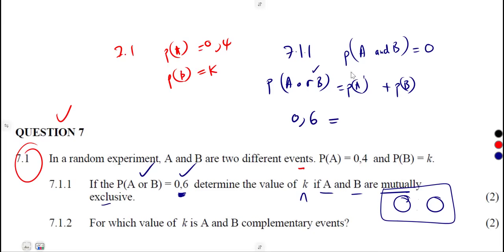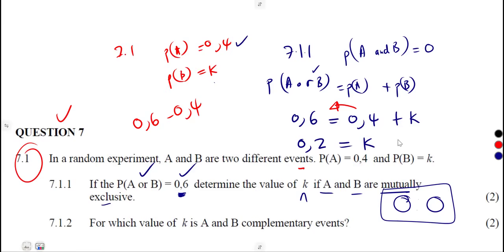It is equal to what? Probability of A, we are already given, 0.4, plus probability of B, which is K. So we can find the value of K. Take the 0.4 to the other side. That's 0.6 minus 0.4, which gives us 0.2. So 0.2 is equal to K.